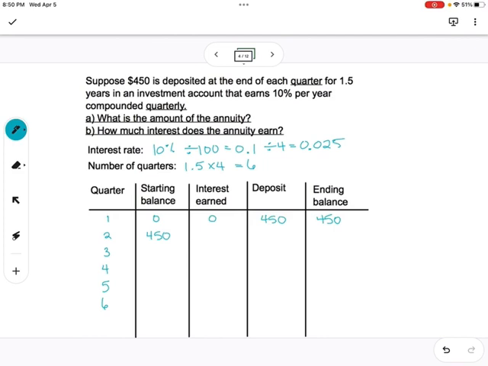Now the balance of $450, we're going to multiply that by our interest rate of 0.025. And we get $11.25 as the interest earned on that money.